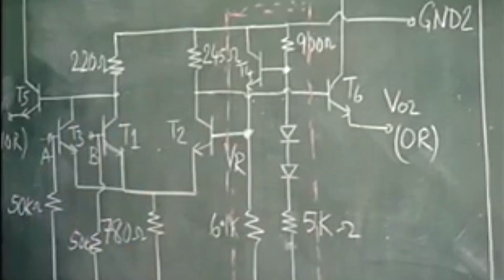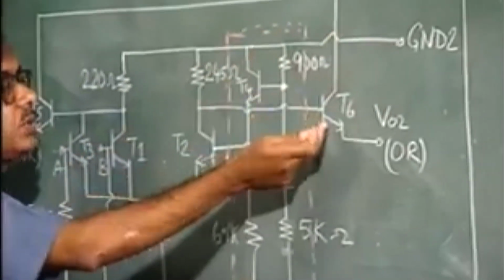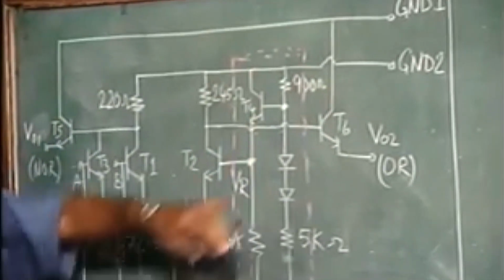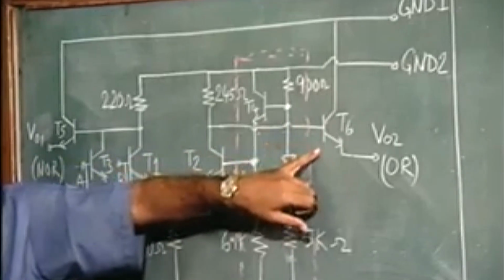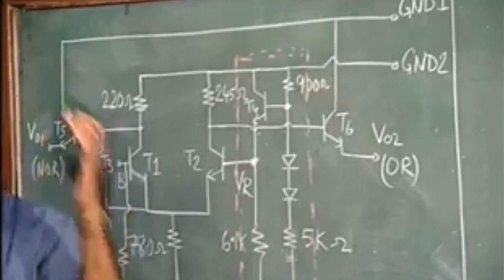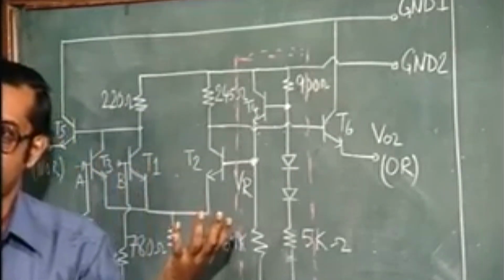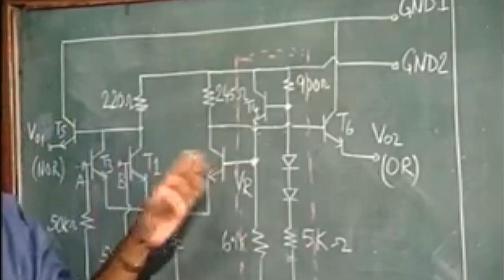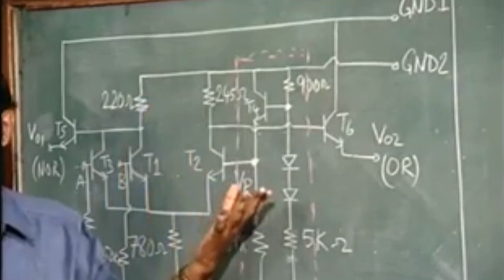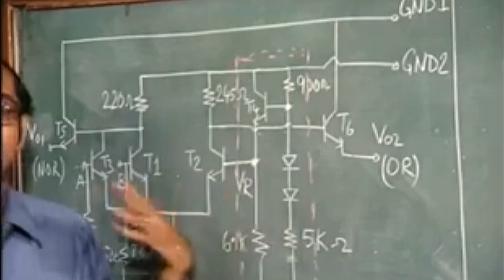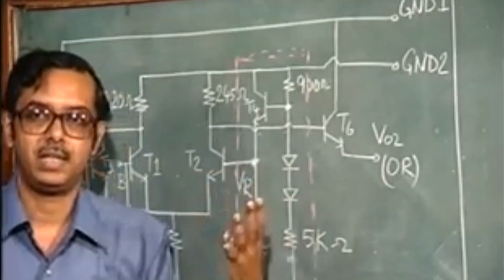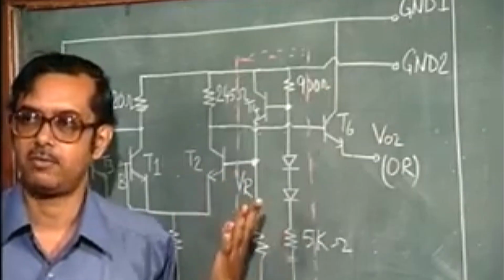Whereas here ground 1 is actually connected to the transistors T5 and T6, which are connected to the output, and at the output you may have, for example, large capacitive loads. So when the output voltage switches from one state to the other, and in an ECL gate it is supposed to be a very fast logic, dV/dt, the rate of change of voltage, is going to be very fast.